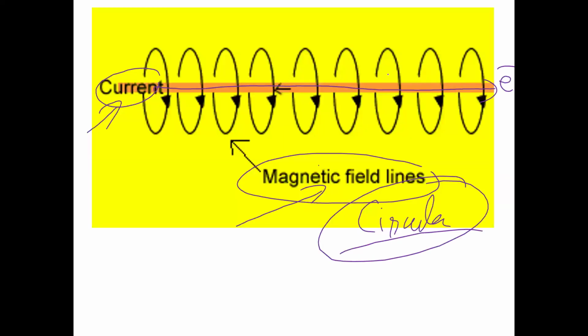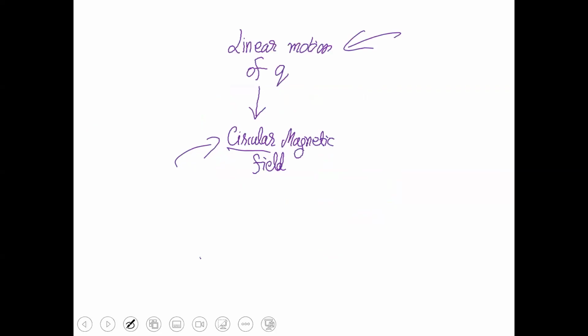Third concept, if a charged particle goes in a straight line, now this is a wire, the charged particle is going like this, it will produce a circular magnetic field. Now these three concepts have to be connected. Now you have to copy this.